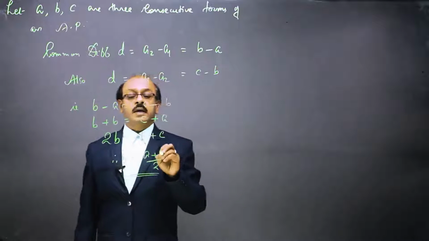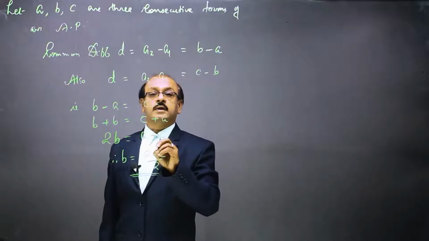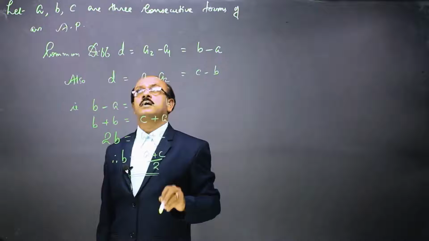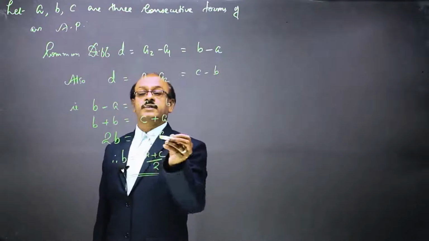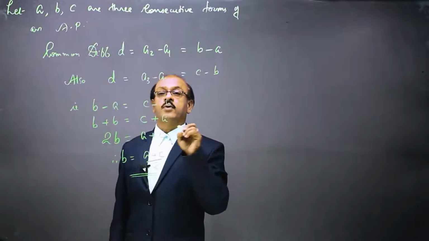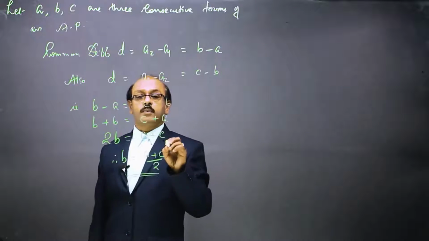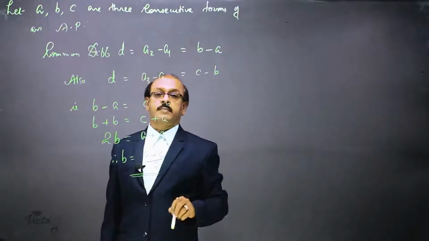That means B can be found by adding the first term and the third term and dividing by 2. That is, the mean of the first and third terms is the middle term. Also, we can use this condition: twice the middle term is equal to the sum of the first and third, or middle term B is equal to (A plus C) by 2.